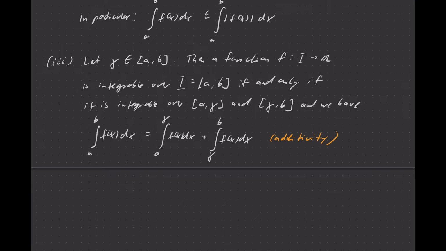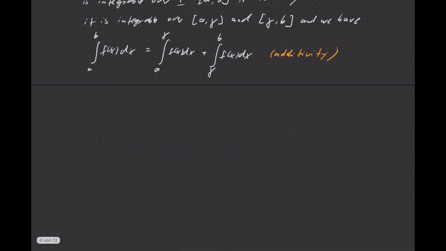Okay, then there are also bounds on the integral. That can also easily be explained through the definition. So let's say we have an integrable function, let f from I to R be integrable.